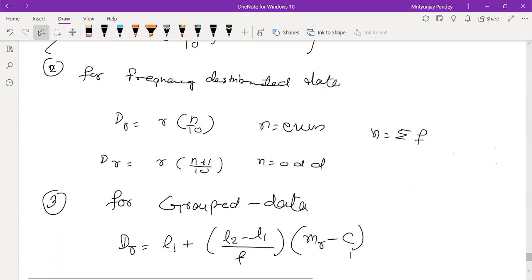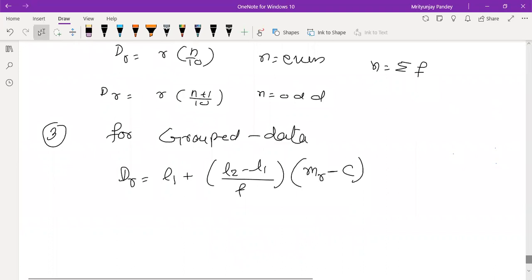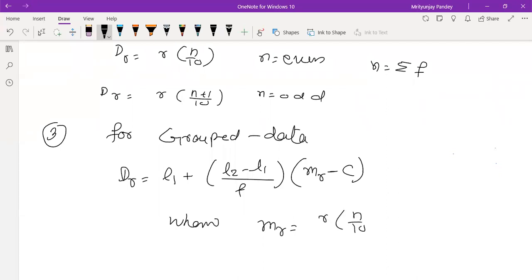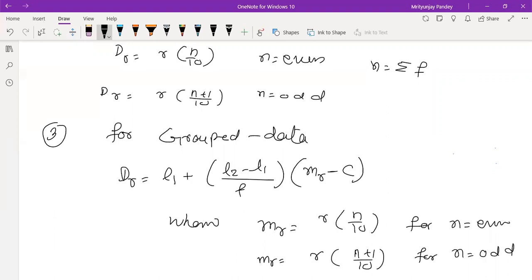Now the formula of Mr, where Mr equal to the same formula, that is r into n by 10 if n is an even number, and Mr equal to r into n plus 1 by 10 for n equal to an odd number. Understood? Any doubt?